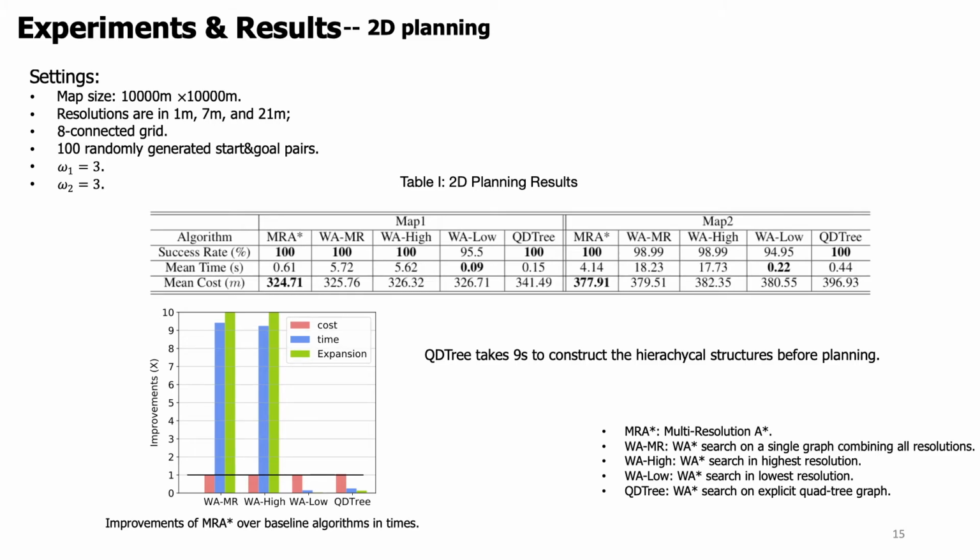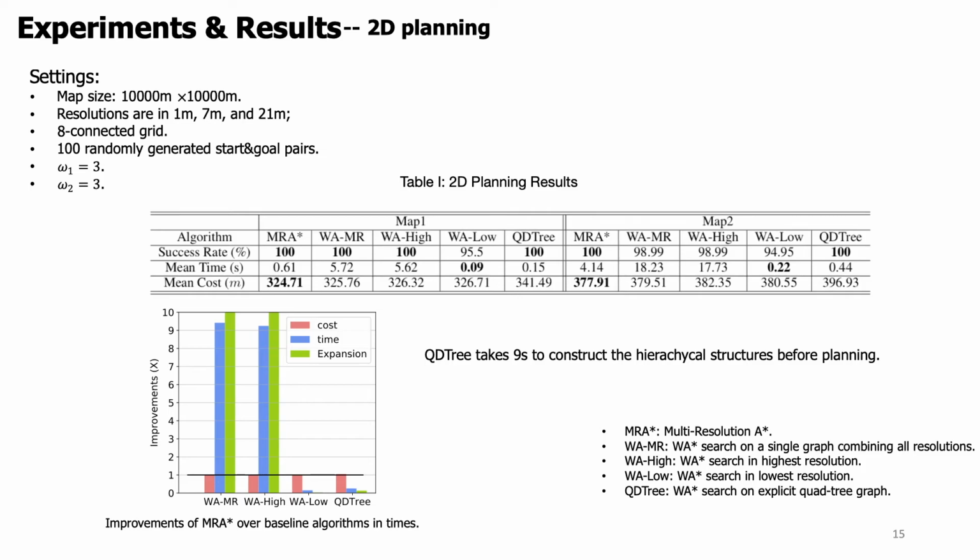Besides, we have implemented quad tree search, denoted as QD tree. Baseline algorithms are using weight as W2, so all algorithms have the same bound. As you can find on table 1, in both maps, MRI star consistently has the highest success rates. In terms of mean planning time, it only runs slower than weighted A star in low resolution and quad tree search.